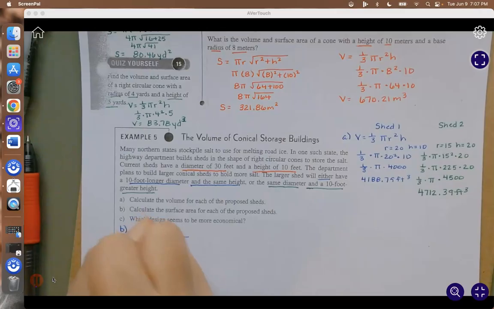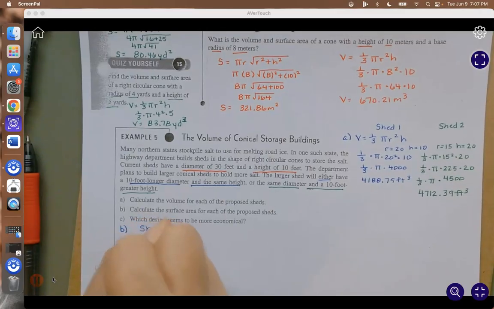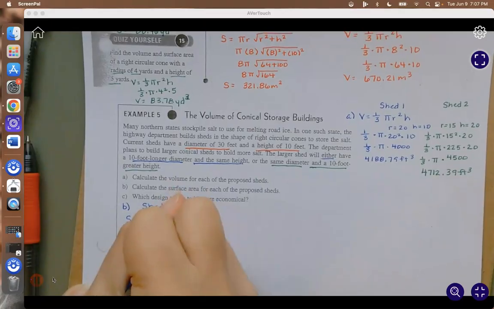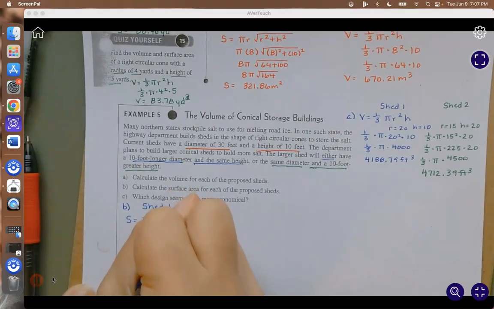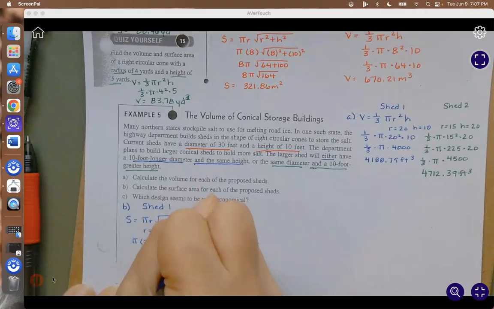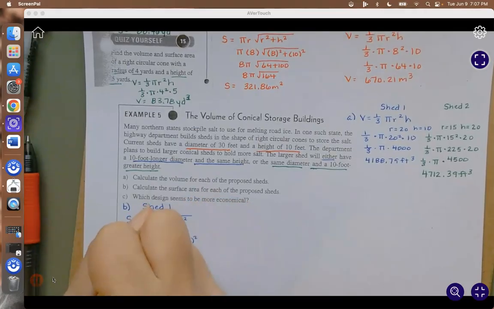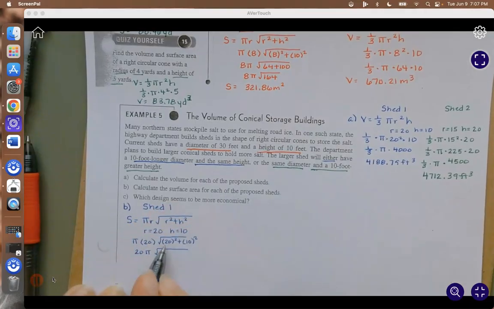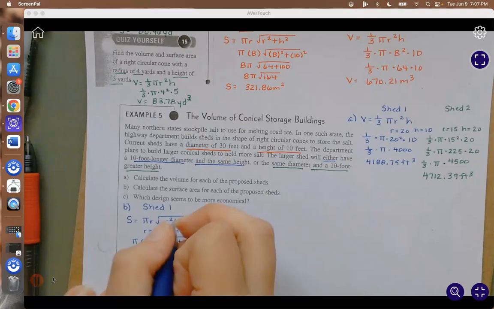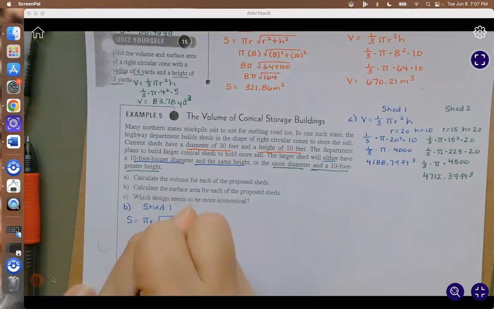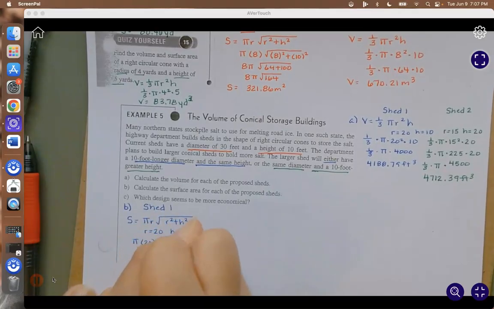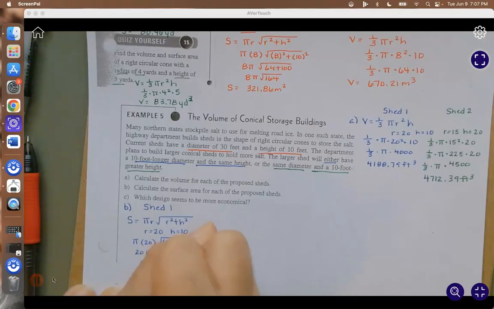So this is pi times 20 times the square root of 20 squared plus 10 squared. So this is 20 pi, and that's 400. That's 100, so this would be 500. Type that in all at once, and that gives me 1404.96 square feet.